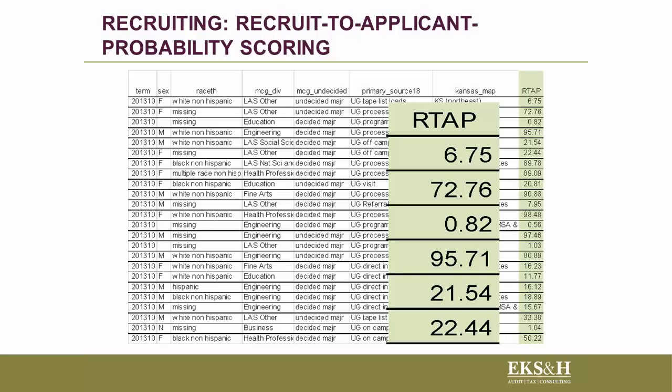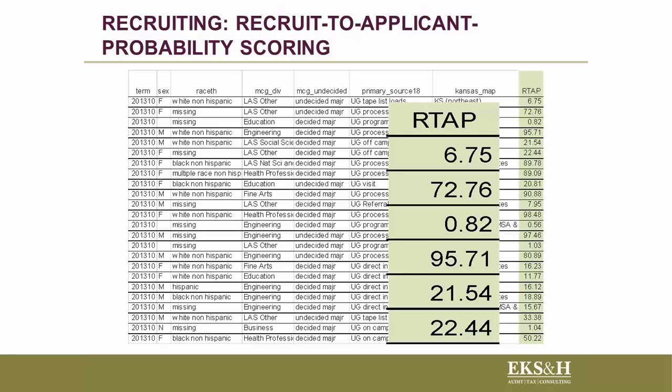With these scores, admissions offices can more effectively target prospects that have a high probability of coming to WSU. They can elect, for example, to create breakpoints within that RTAP score range to allocate resources for better yield. As an example, they may elect to target only students who have a 30% or higher probability of coming to our school.